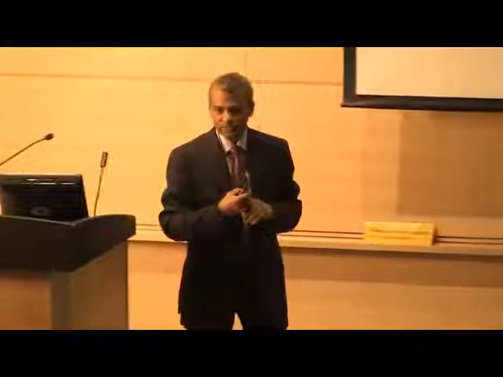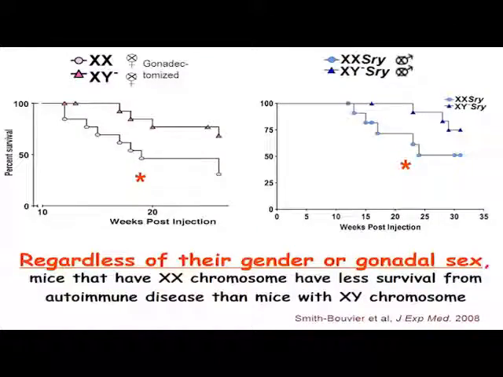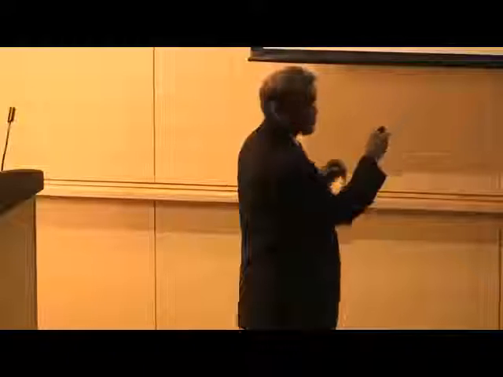This is one of the experiments we did. Here, this axis is survival from an autoimmune disease called lupus. Both are females. We took away their ovaries at 4 weeks of age when they were young, so basically there's the effect of only sex chromosomes. You can see XX females died sooner. They had less survival from lupus compared to XY.